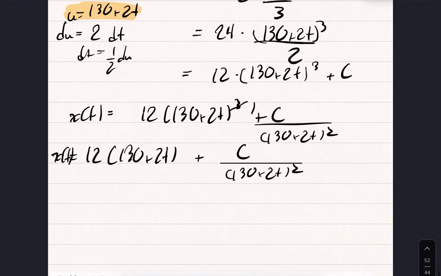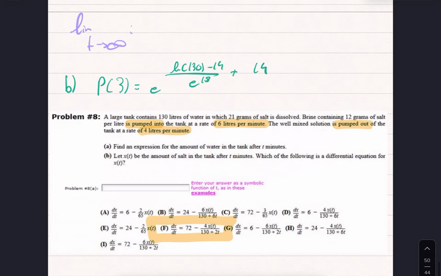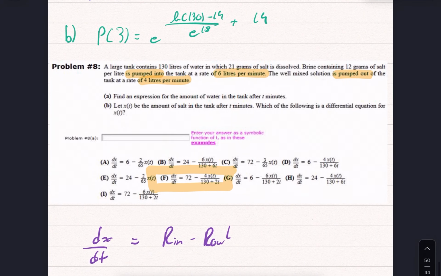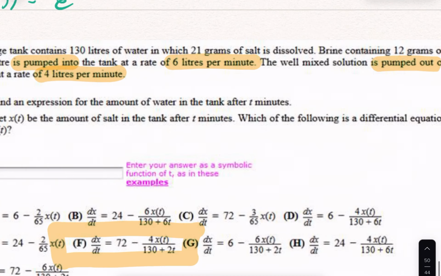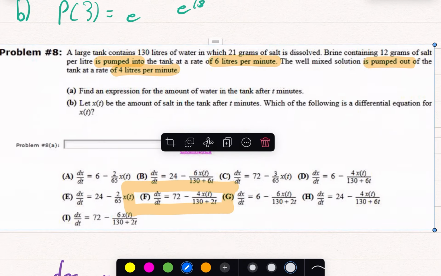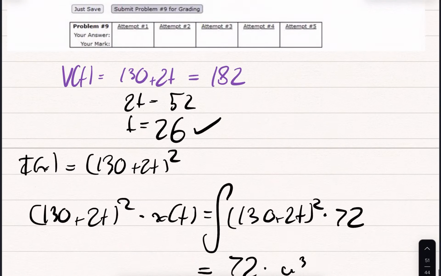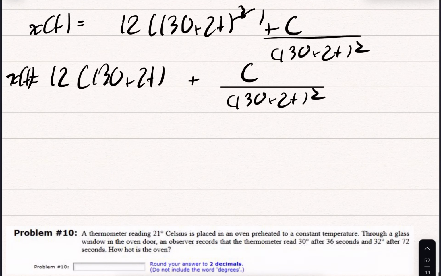And we know, based off the question, not this one, but the original one, let's read, in which 21 grams of salt is dissolved. It's already dissolved in there, guys. So x at 0 equals 21.